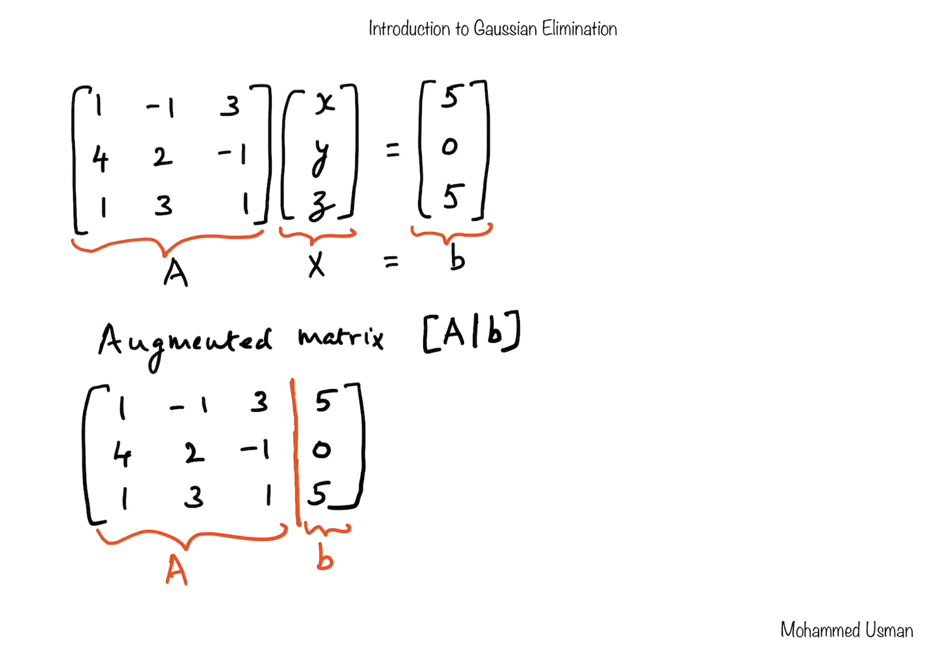Now in Gaussian elimination, the first step is to get the augmented matrix from the system of equations, and then we perform some operations on this augmented matrix. We call these elementary row operations.